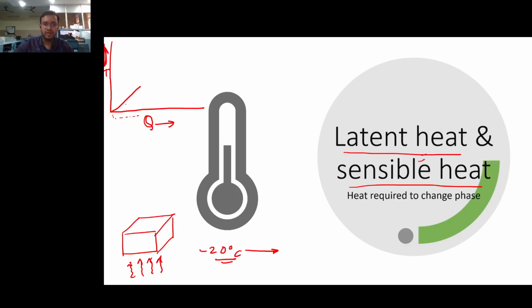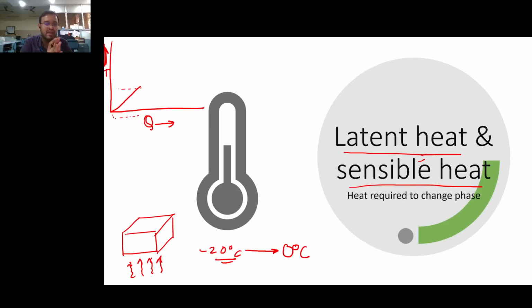It rises till about 0 degrees Celsius. Now at this point, if you continue warming this block of ice, it's going to start to melt. And we know that ice melts at 0 degrees Celsius.